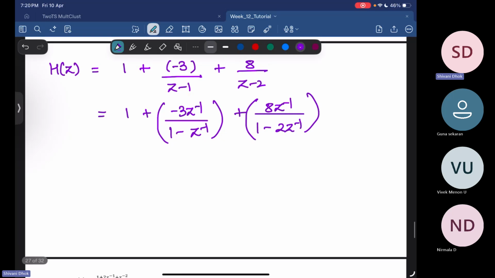Okay, so this is like 1 plus h1 of z plus h2 of z.